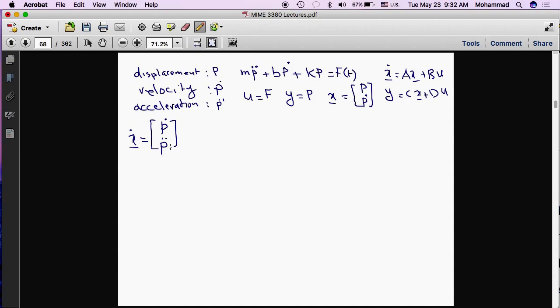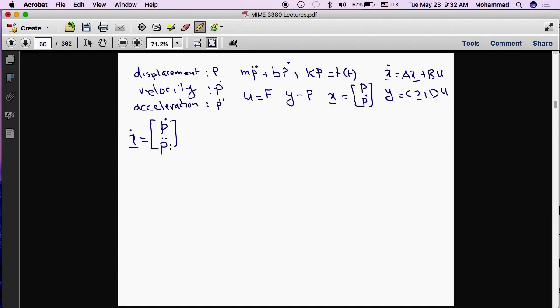So let's start with the first element of x dot. X dot, by the way, has two elements. It's a column vector, so it has two elements. So we need to know how p dot, the first member of x dot, is a function of x, and how p double dot is a function of x. Knowing x also has two members. It has p and p dot in it.